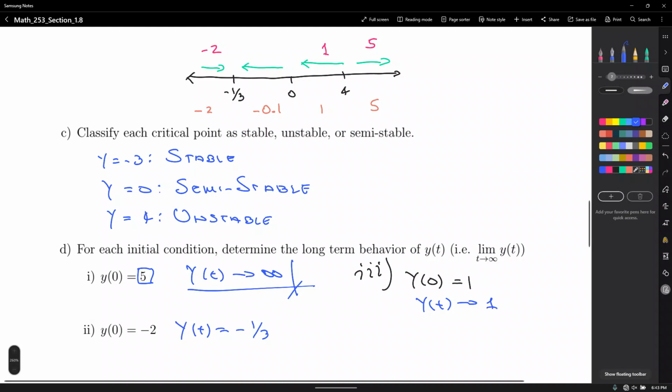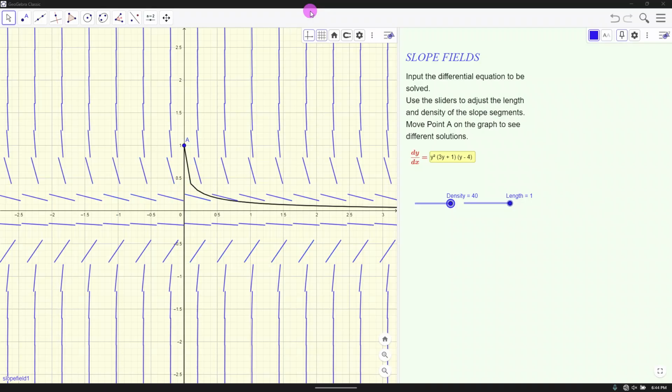All right, so let's have a look at the phase diagram for this differential equation. Here we have the phase diagram for the differential equation we were working on in the example. Notice how we have some sort of a horizontal asymptote at y equals 0, and at y equals negative, the -1/3, it's somewhere here.